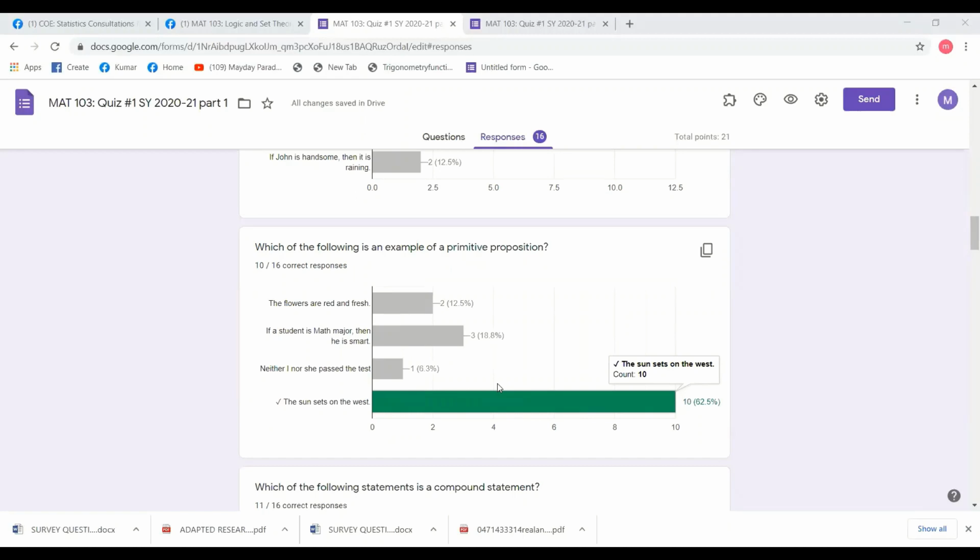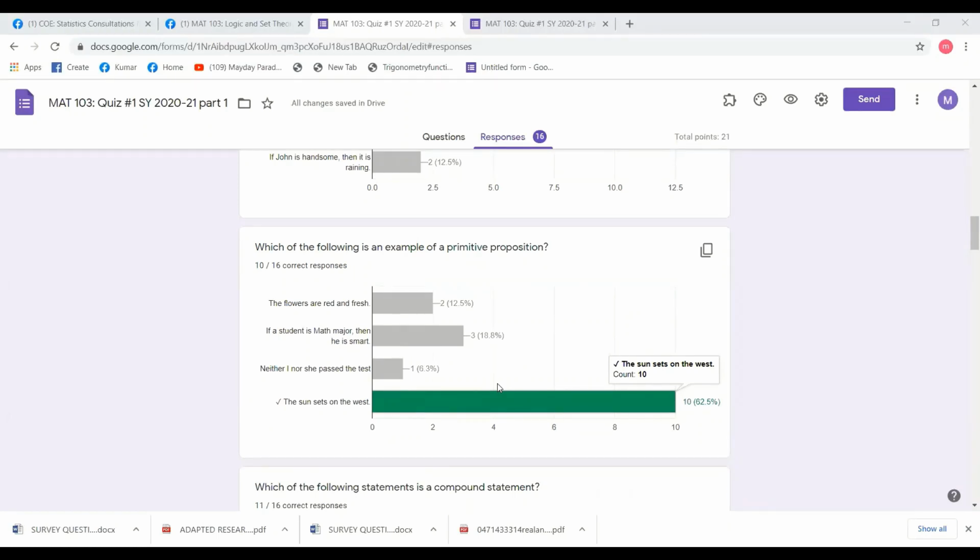For this example, the answer is letter D. This is because in number one, "the flowers are red and fresh," there are two propositions there. Therefore, it's compound.